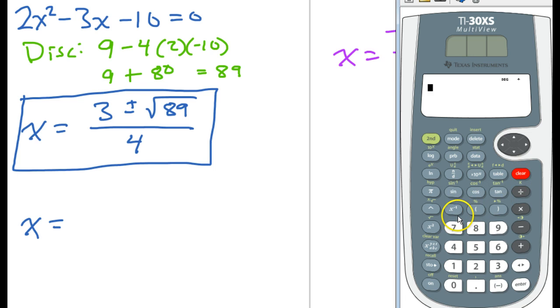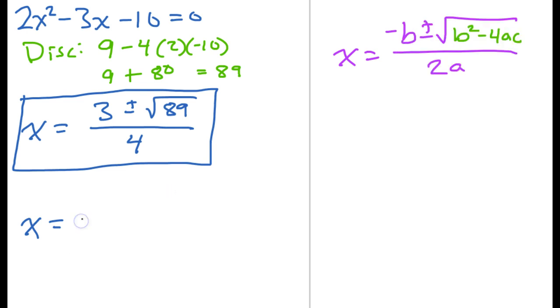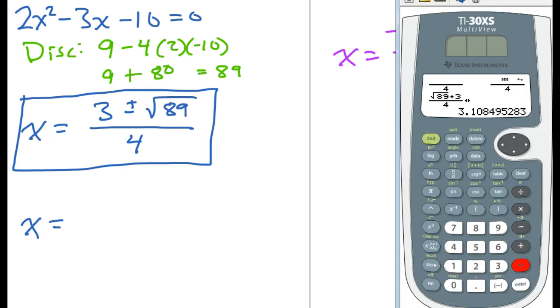Alright, let's do that just for fun. In fraction mode, I could do 3 plus the square root of 89 over 4. Hit this button for the decimal. So that is, whoa, I wasn't ready for it to disappear. 3.11.